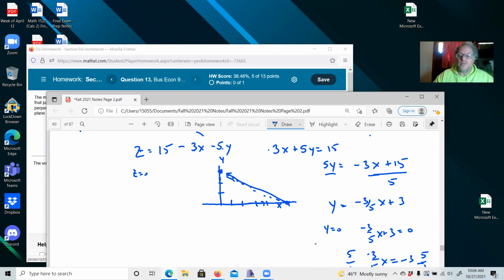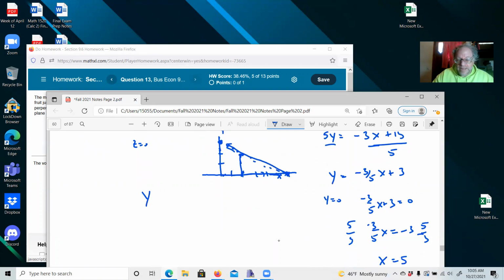So what we're going to have to do is x is going to go from 0 to this value here, but y is going to go from 0 to this line here. So y is going to go from 0 to negative 3/5 x plus 3.